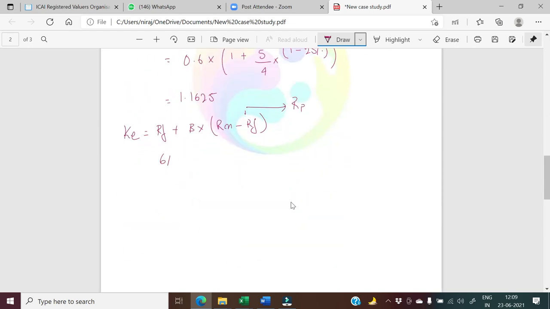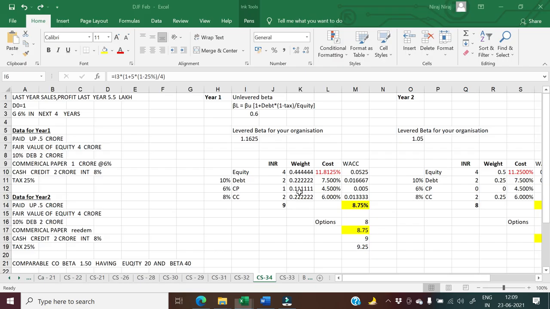So 6% plus 1.1625 multiplied by 5%. How much will it come? 1.1625 multiplied by 5% plus 0.06 equals 11.8125%. So this is what will come as my cost of equity.